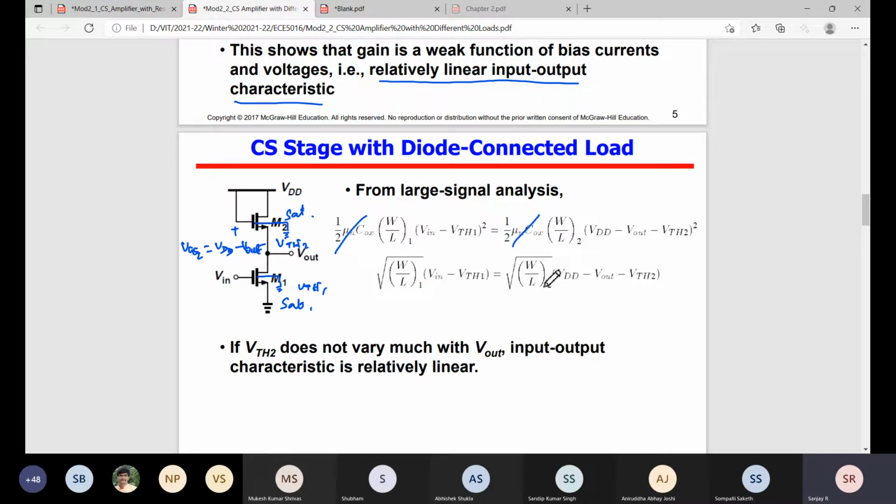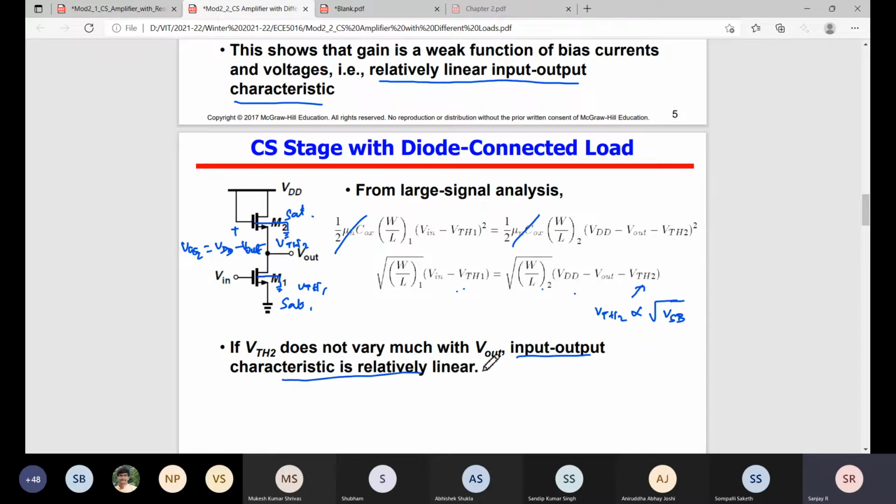From this expression, VTH2 is a function of VSB, but once a root comes, it is a weak function. If the variation of VTH2 is a very weak function, then we can say the gain is relatively linear, that means relatively constant.